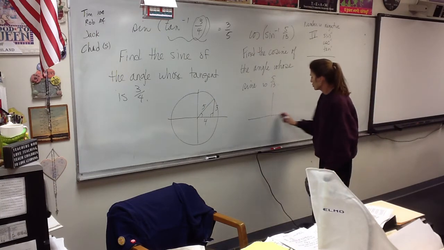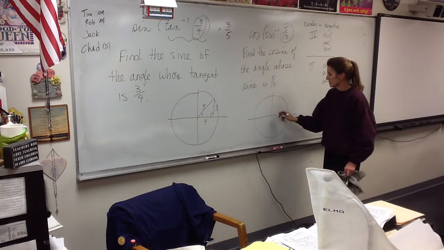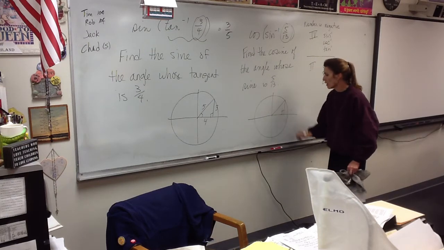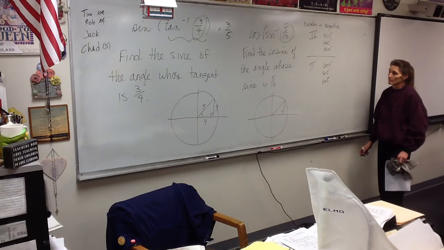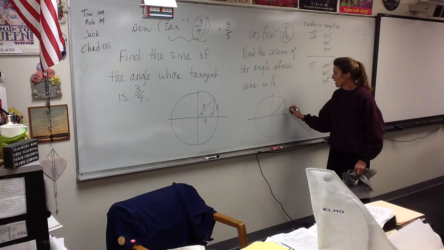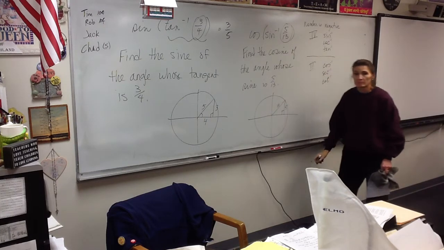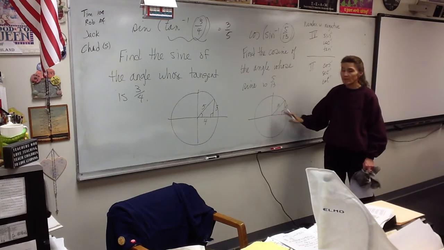So I'm going to draw a picture of that angle. And because that's a positive number, I will draw it again in quadrant 1. The sine is 5/13, opposite over hypotenuse is 5/13.